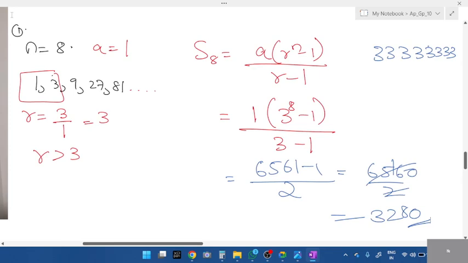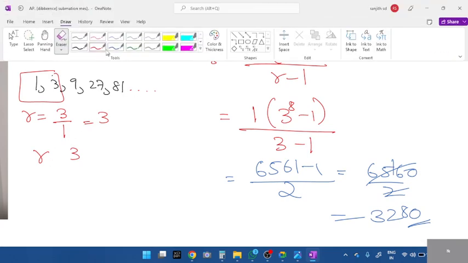Complete, students. Try one question. R is greater. Write it like this.